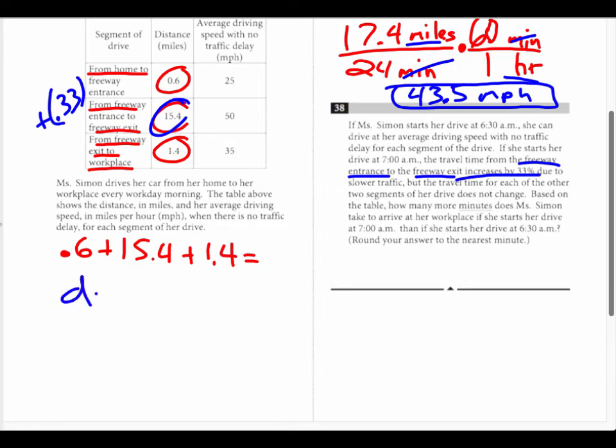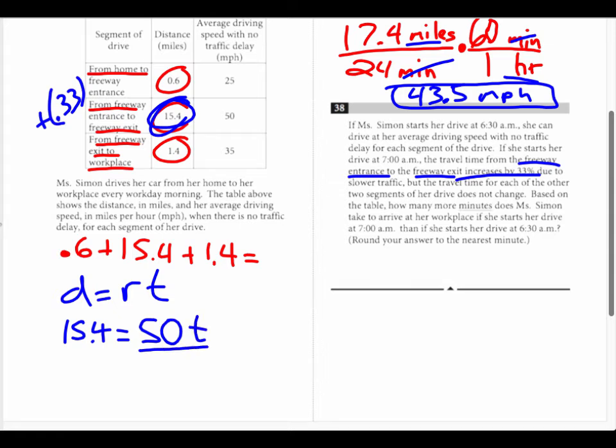So remember that the distance that you travel is equal to the rate times the time. Well, the rate is like the speed. So the distance that she travels is 15.4 miles, right? That's where we get this number from. And then her rate is 50 miles per hour, and then we have to find the time.